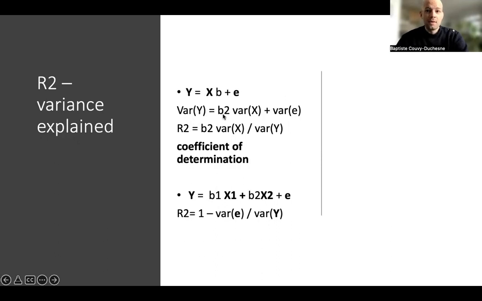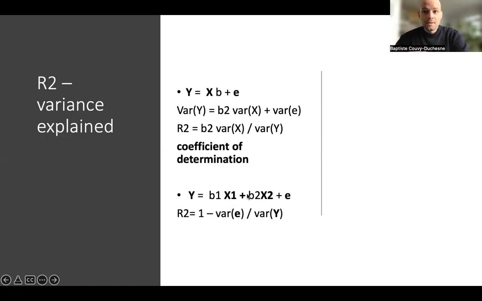So the variance of Y is actually beta squared times the variance of X plus the variance of E. And we can easily see from this that the variance explained by the model is beta squared times the variance of X. So the variance explained by the model, R squared, is this divided by the variance of Y. Here we actually recognize the square of the correlation coefficient, which we derived in the second slide. This is also known as the coefficient of determination of the model.